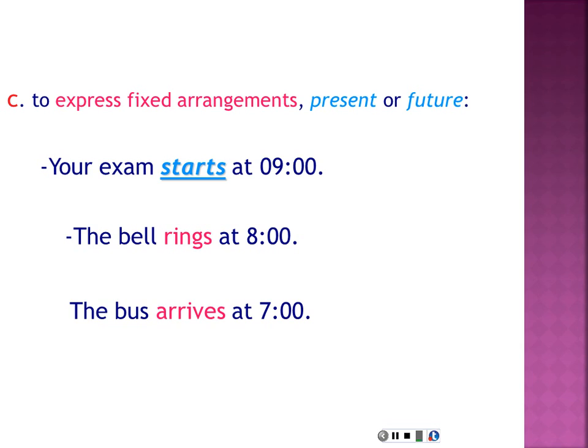So again we have an arrangement and it's fixed. So maybe in the UK the bus arrives, or this bus that we are talking about, a specific bus, حافلة محددة, so it arrives at 7 a.m. So this is another fixed arrangement.